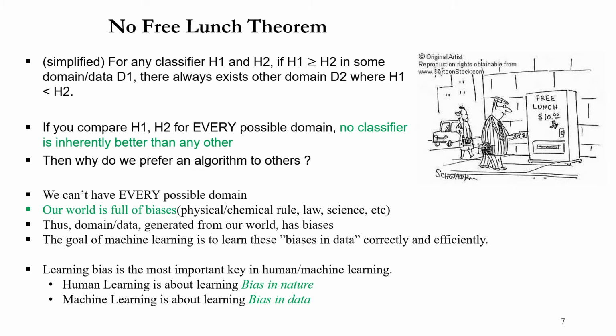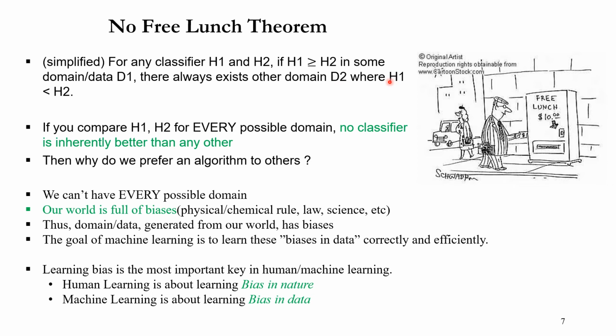Suppose H1 shows better performance than H2 in some domain D1. A domain is data. So H1 is better than H2 on some data D1. Then there is some other data D2 where actually H2 is better than H1.